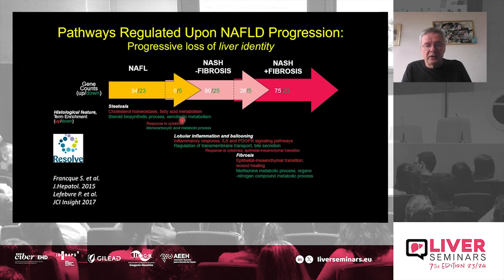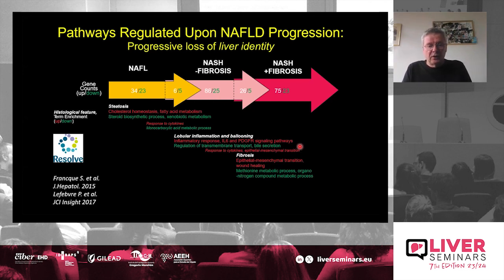The interesting part is, I think, except for the classical pathways of lipid metabolism in the fatty liver stage, inflammation, ballooning, in inflammatory responses and PGFR signaling pathways in the NASH stage, and then epithelial mesenchymal transition in the fibrosis stages, pathways you would expect have been reproduced by other studies.